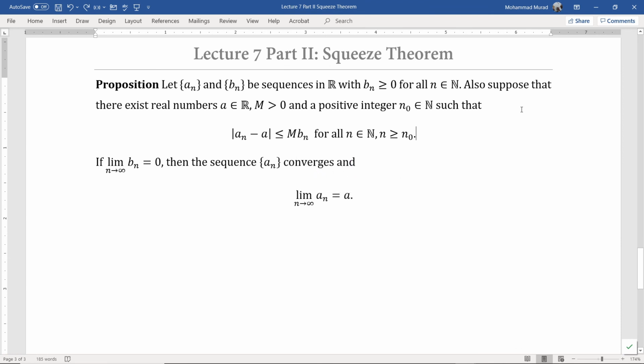Proposition. Let a sub n and b sub n be sequences of real numbers with b sub n greater than or equal to 0 for all indices n.